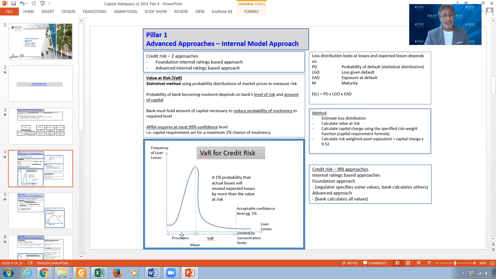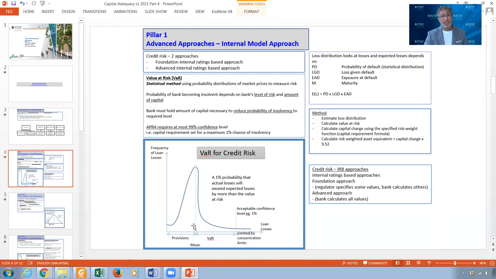So in this case, up to this area, which is the mean, this area is covered by our provisions. But from here to 99%, if you are taking a confidence level of 99%, all of this is actually the capital you need. So if this is 15% here, part of it is covered by the provisions.